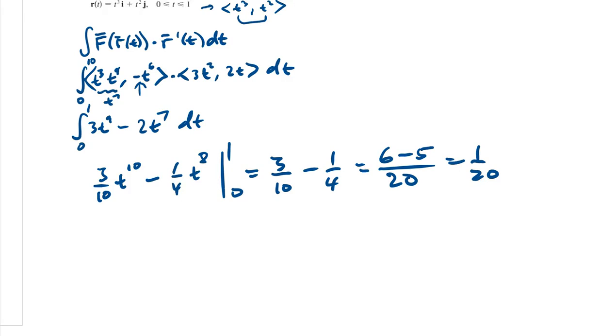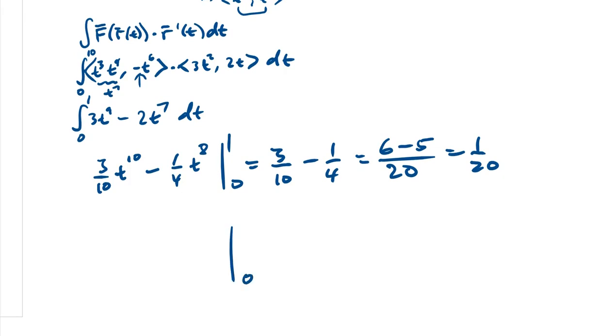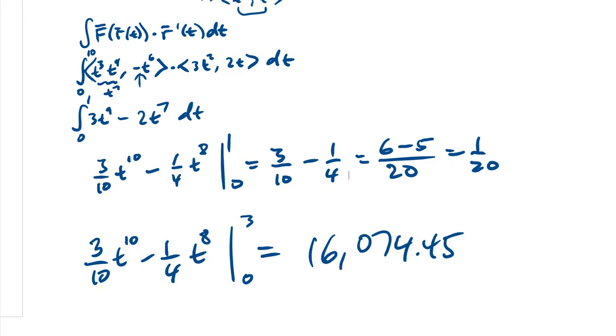How about 0 to 3? Ooh, that's got to be huge. 3/10 t to the 10th minus 1/4 t to the 8th equals, all right, so I get 16,074.45. So much bigger. So sure enough, it's positive like we thought it would be.